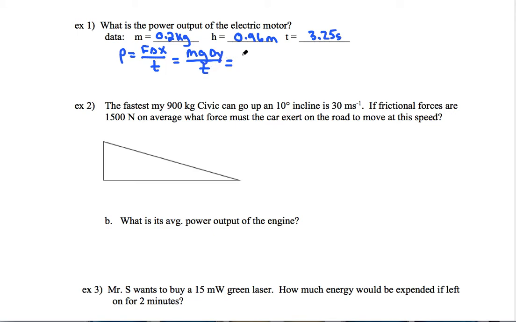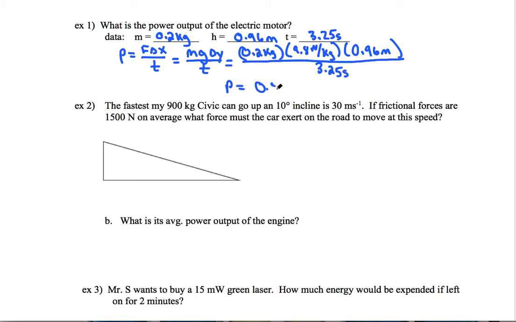Now we can just plug and chug. We have 0.2 kilograms times 9.8 newtons per kilogram times a vertical height of 0.96 meters, all over 3.25 seconds. That gets us a power of 0.58 watts, and that's our final answer.